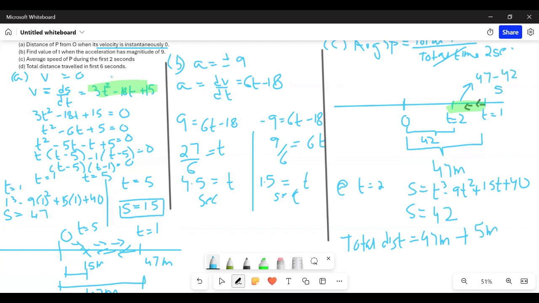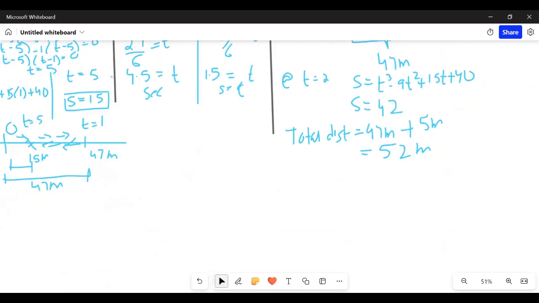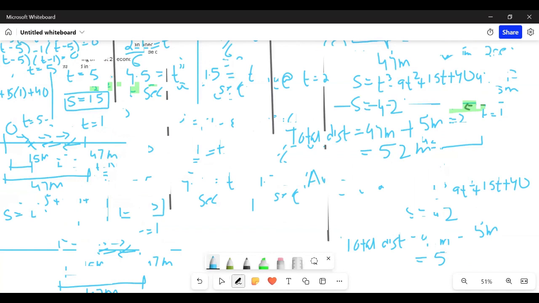So plus 5 meters. So it's going to be 52 meters. And the average speed is going to be 52 over 2, 26 meters per second.